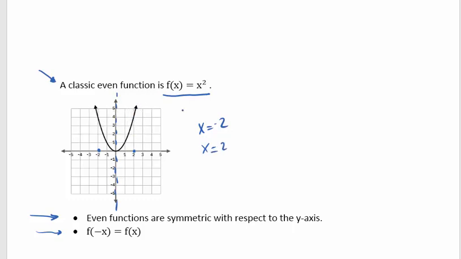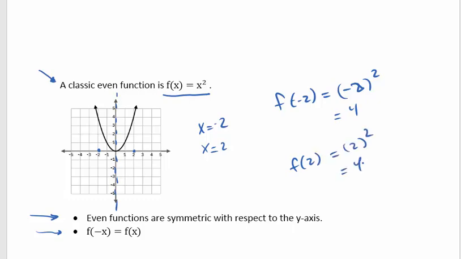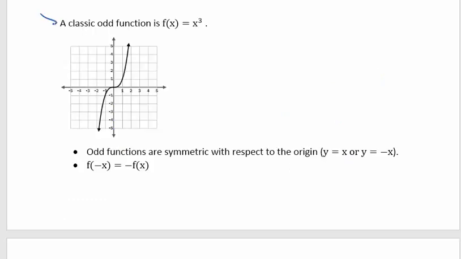It's 4 in both locations, and you can see why with this x to the second power. If I evaluate f of negative 2, I get negative 2 squared, which gives me positive 4. And if I evaluate f at positive 2, it's also going to give me positive 4. And that's true for all even functions: f of negative x is equal to f of positive x.